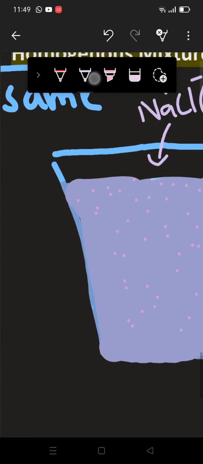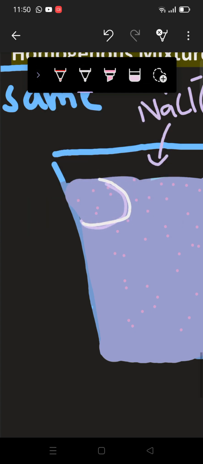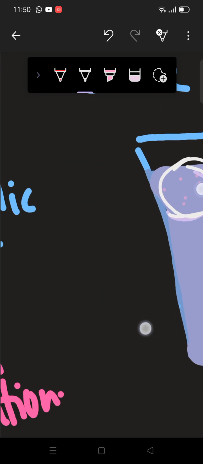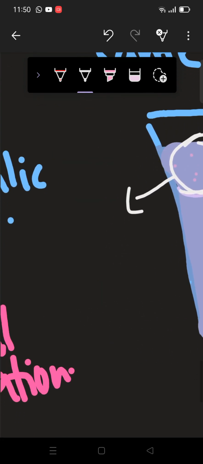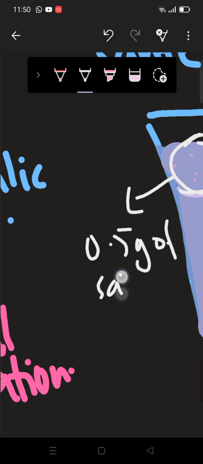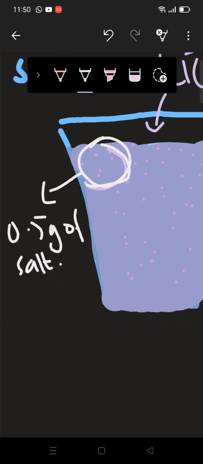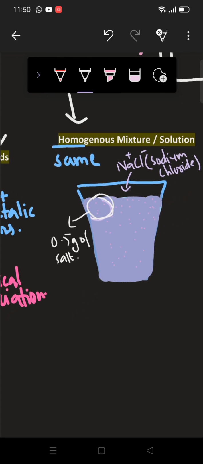If I am taking this side now, and I have, for example, 0.5 gram of salt, or NaCl here, then I need to check if the salt is evenly distributed or not.